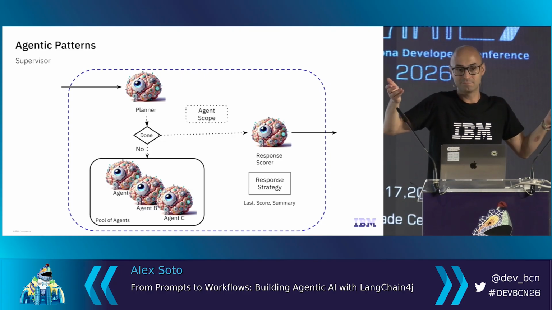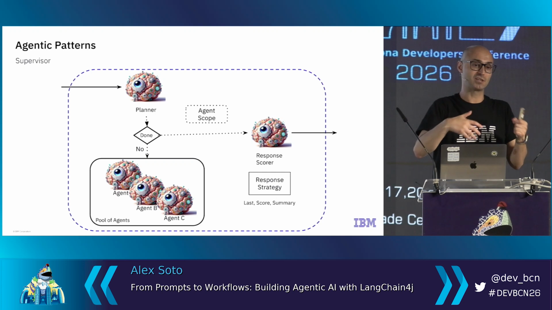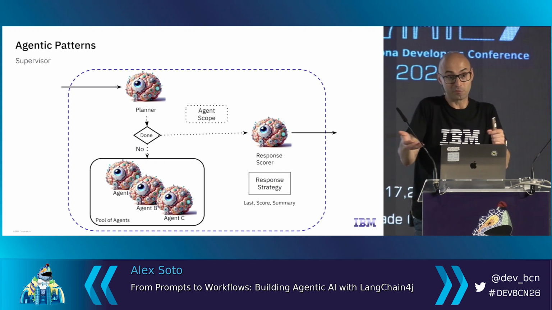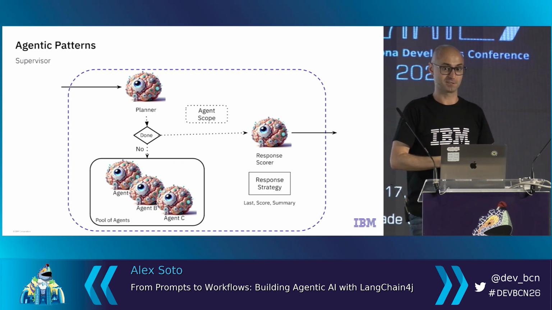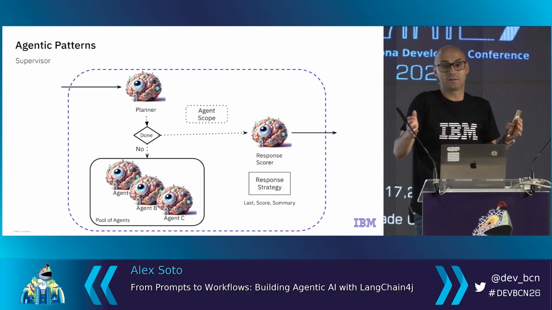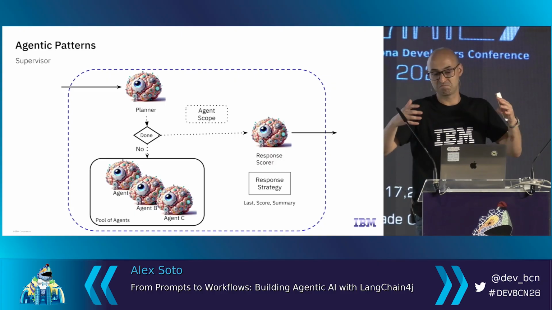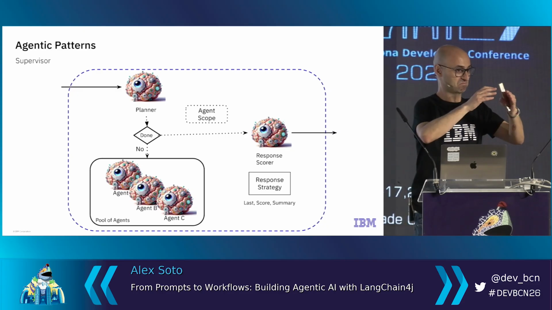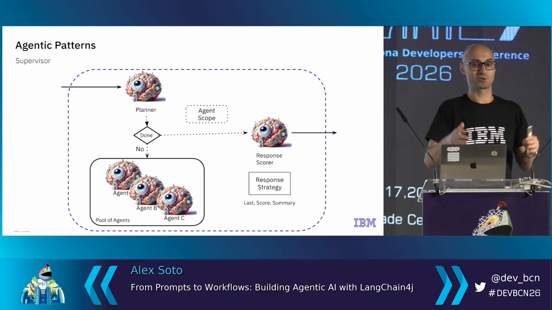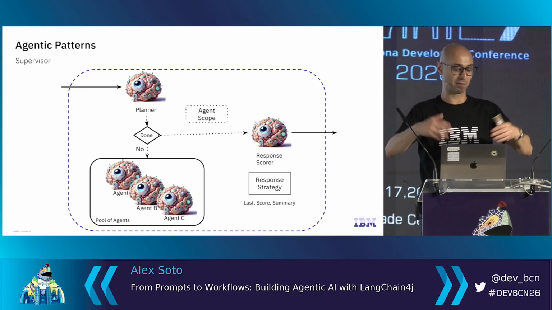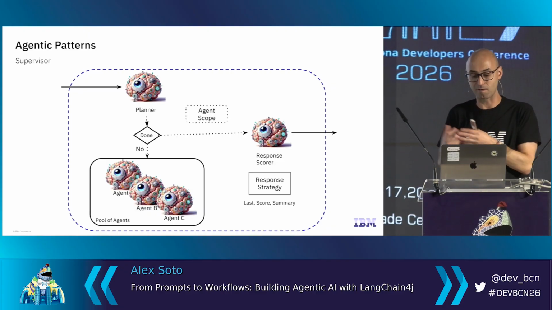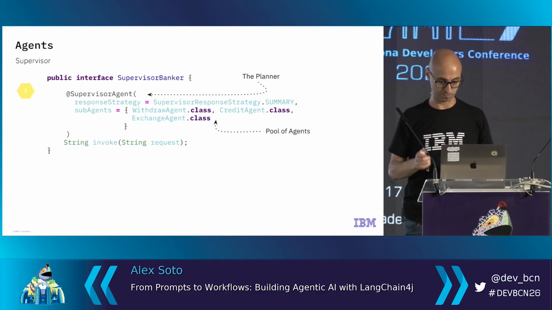Just plan what is the best execution flow to resolve the question that the user has. So you see that now everything is autonomous. There is no workflow. These are the agents. This is the question. Find the solution. It will just start planning, finding the solutions, and finally gets you the response.